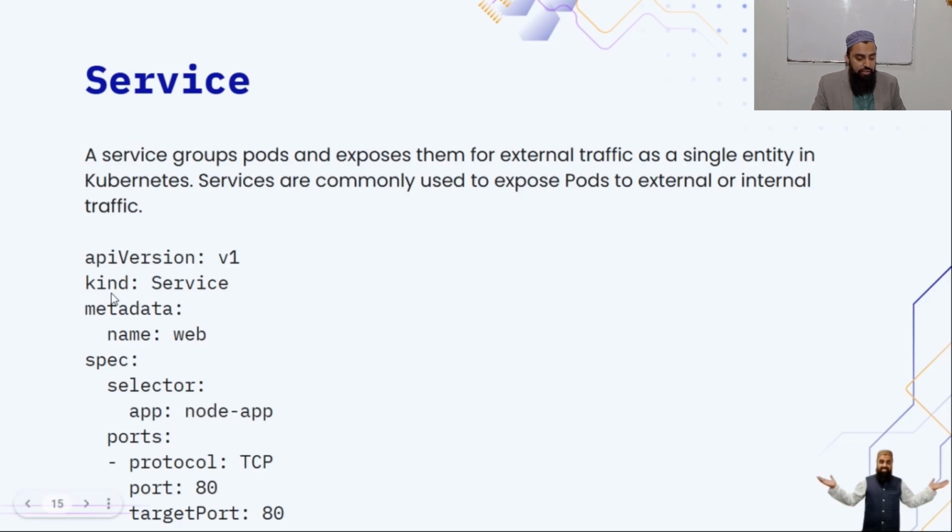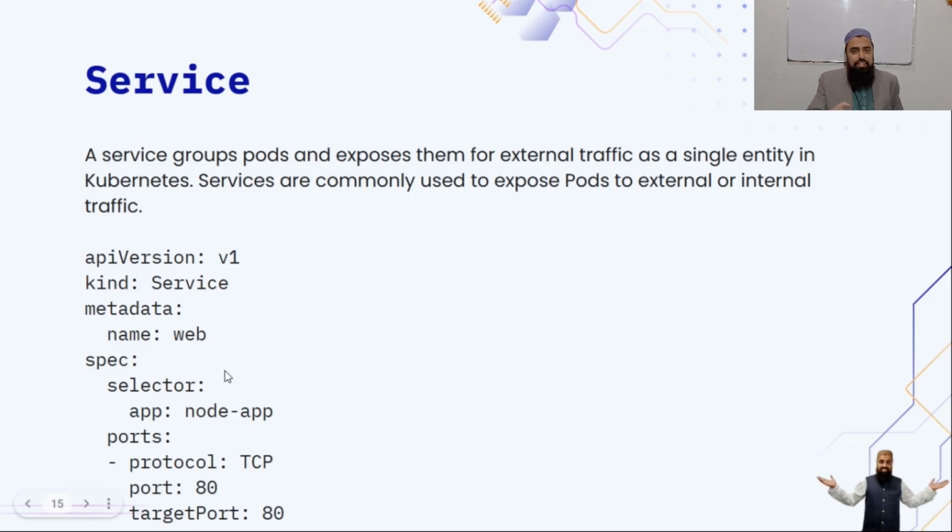That's how a service looks. You can see the kind is Service, and in the metadata it is my node application, and it runs on port 80. So a service will help me to access and reach my node application, which is running on the pods in my Kubernetes cluster.